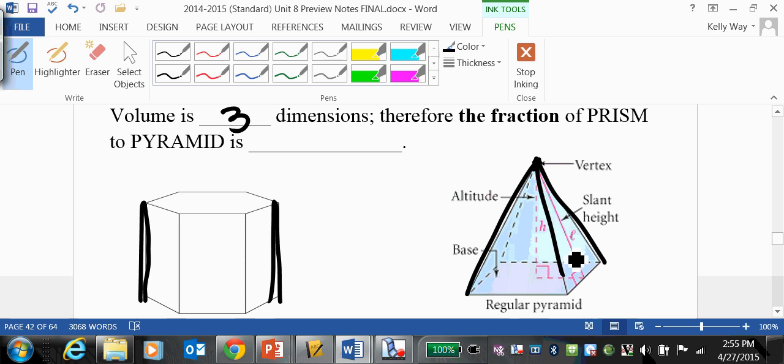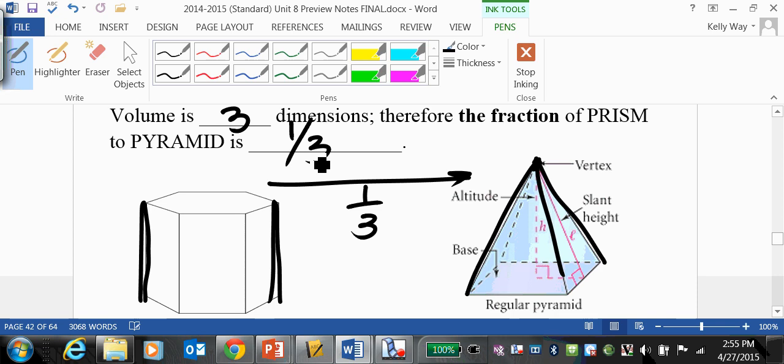When you go from a rectangle to a triangle, you lose volume. Does that make sense? You lose volume. Therefore, the fraction from this to this, since volume is 3 dimensions, we lose a third. If all other dimensions were the same, the pyramid would be 1/3 the prism.